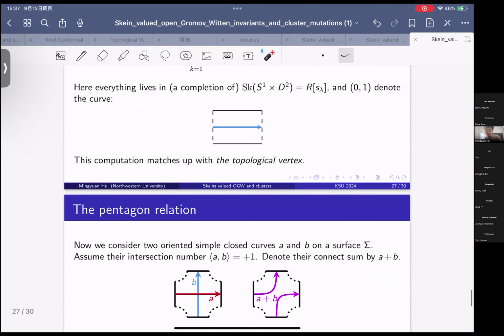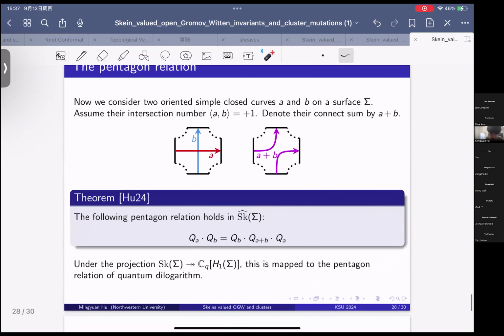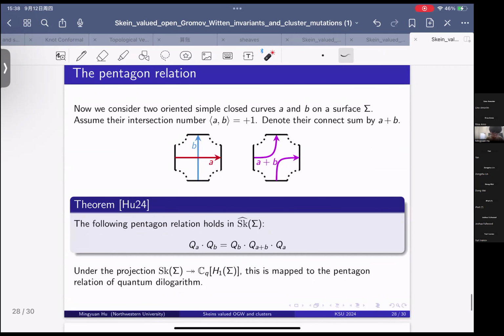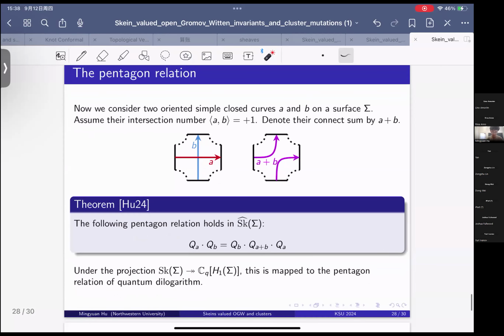Maybe I'll take 3 more minutes. Sorry for taking too much time, but there's one last thing that I want to say, which is that this quantum dilogarithm actually satisfies a pentagon relation. So if we have 2 curves, A and B, simple closed curves on sigma, and they only intersect once, we denote A plus B their connected sum.